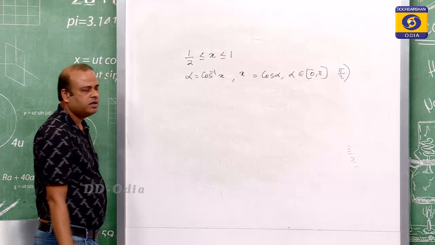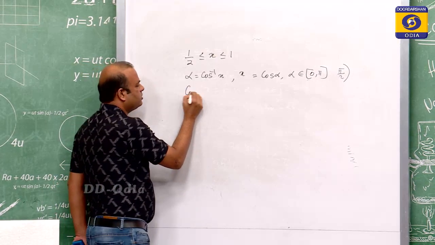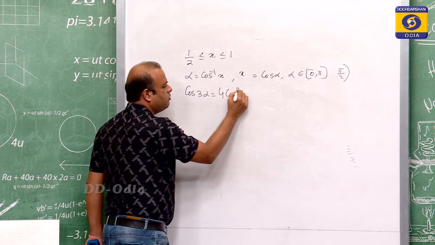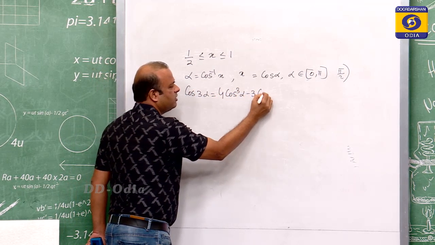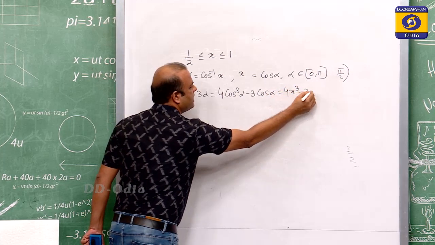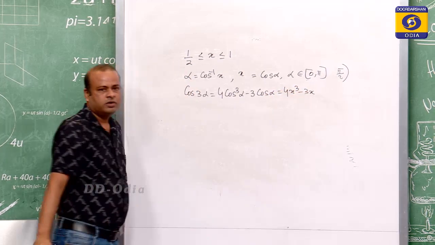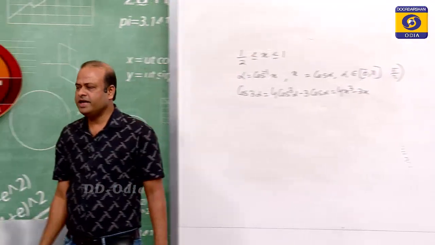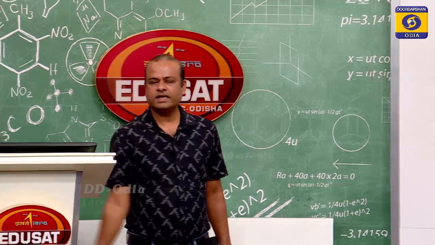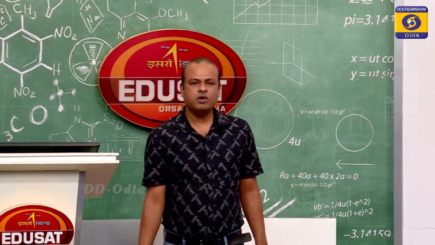Alpha lies between 0 and pi, that is cos 3 alpha is equal to 4 cos cube alpha minus 3 cos alpha, which is equal to 4x cube minus 3x. Use the formula for cos 3x. So take the case 1 by 2 less than or equal to x less than or equal to 1.